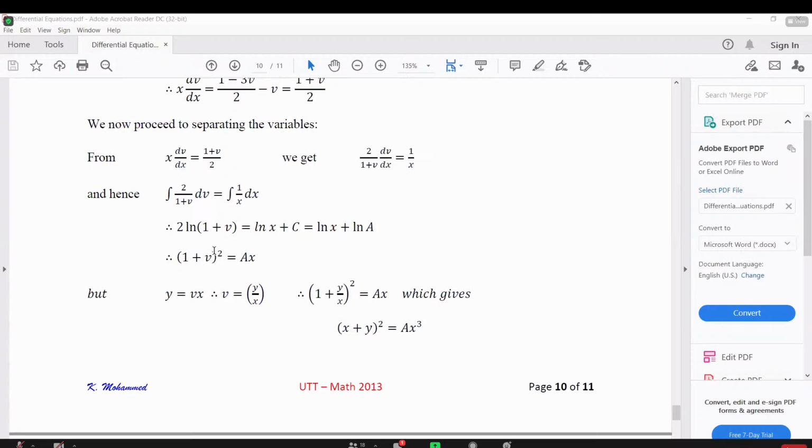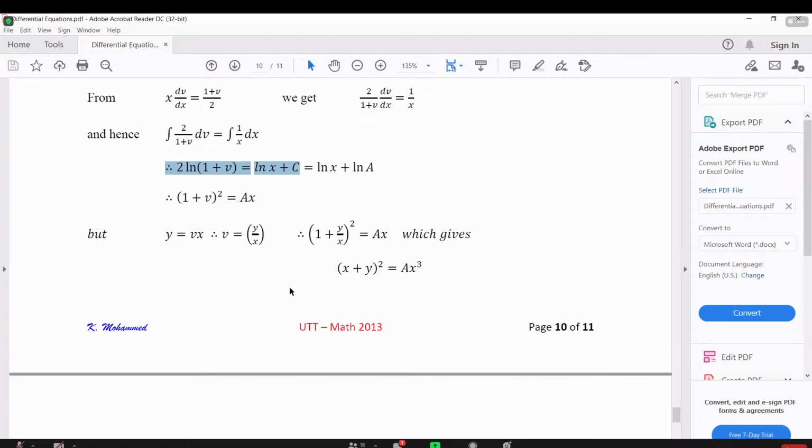So wherever there is a v now, we'll replace it with y on x, okay? And so we would have done that here, up to here, sorry. We just replace the v here, and that will be our answer. All right? So don't let the little manipulation here confuse you.